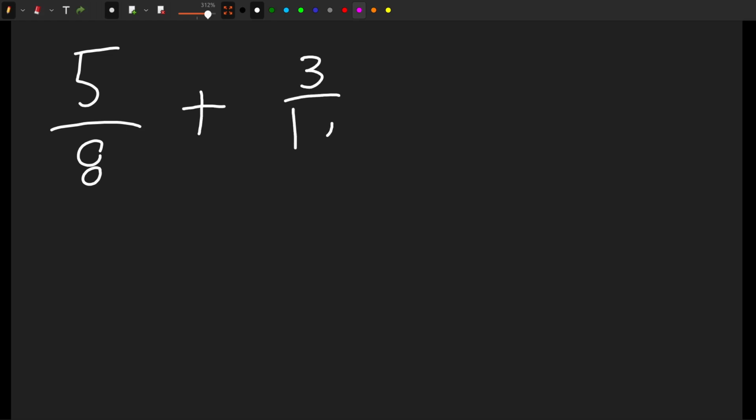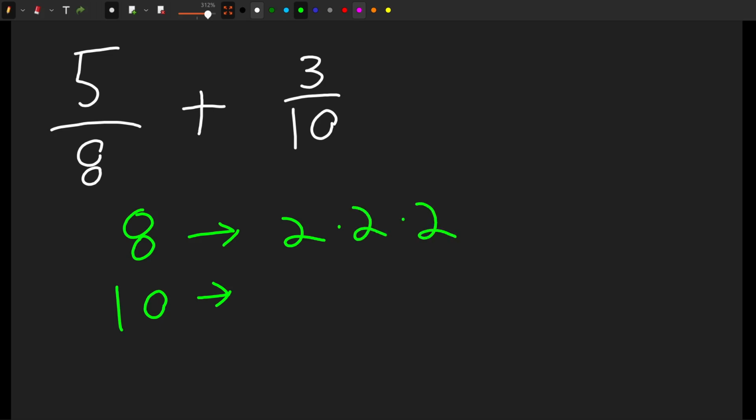Okay, next problem we're going to have is 5/8 plus 3/10. Okay, I need to find my lowest common multiple between 8 and 10. 8 can be represented as 2 times 2 times 2. 10 can be represented as 2 times 2 times 5.